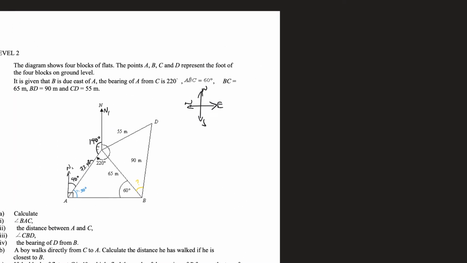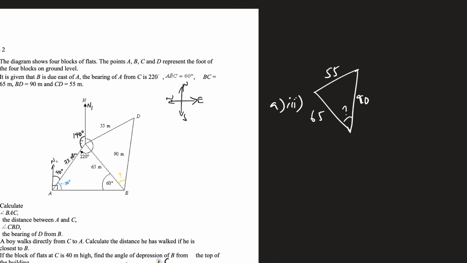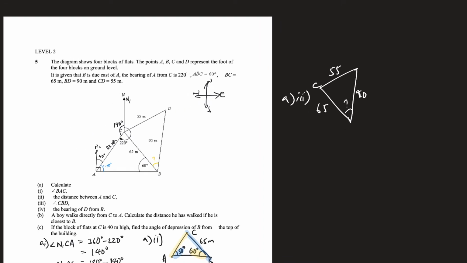So the cosine rule will tell us for this triangle, right? This is the angle we're trying to find. This is CDB.